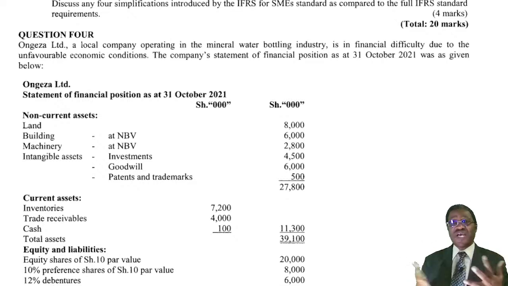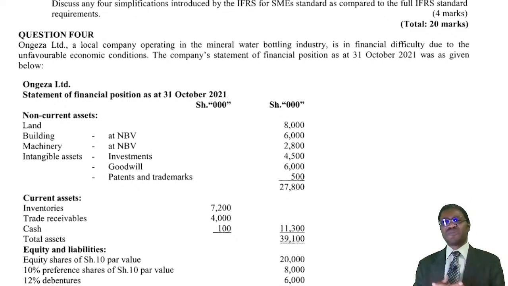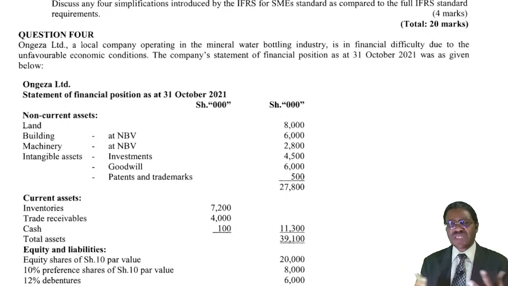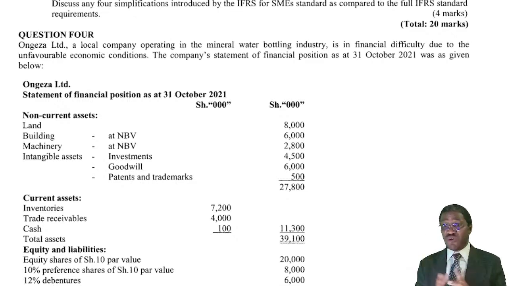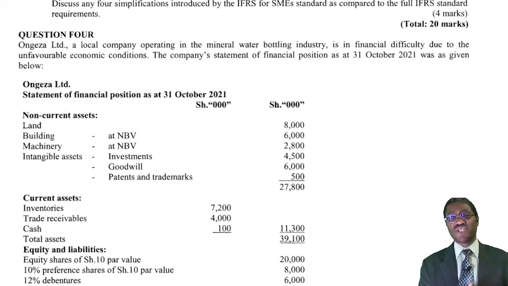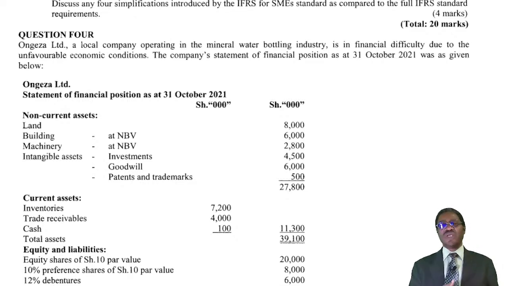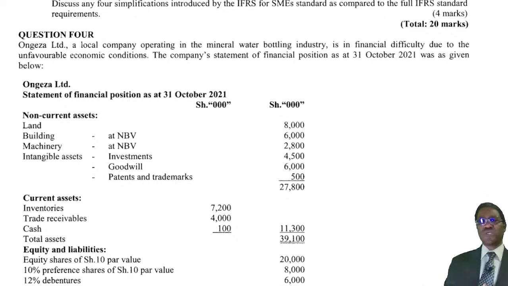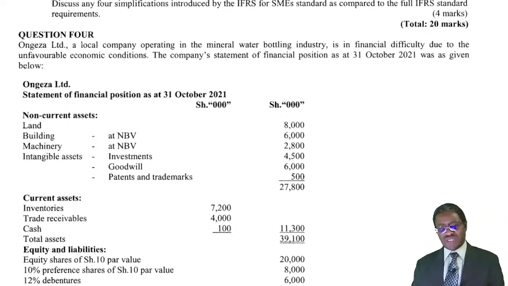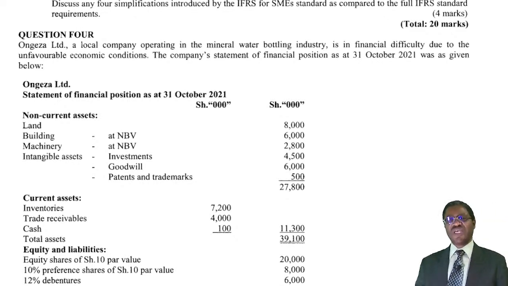So you are given that statement of financial position. In that statement, we have land, we have buildings at book value. Then you are given machinery at book value. You are given investments. Then you are given goodwill. Then you are given patent and trademarks. Then you are given inventory. Then you are given trade receivables, cash, total assets. Then below there you are given equity shares of 10 each.